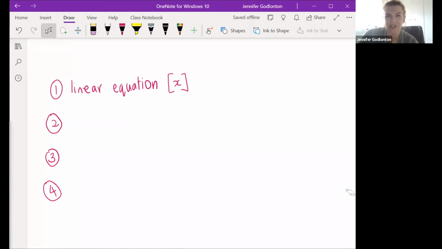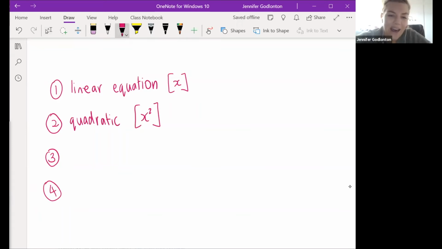What type of equation is it when we have an x squared and we have to factorize? Yes, Dana, great. Okay, a quadratic equation. So quadratic is when we have an x squared involved.